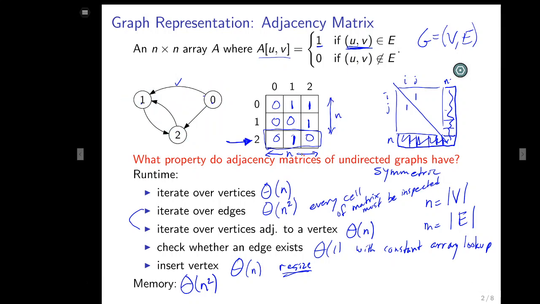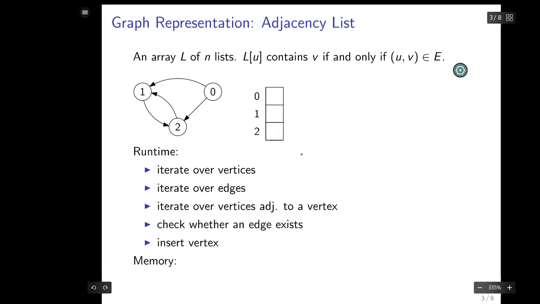So now the other option is adjacency list representation. Now in an adjacency list, as you might imagine, there are a bunch of lists. And the lists are indexed by vertex. So L of U, which is the list associated with vertex U, contains vertex v if and only if uv is an edge of the graph.